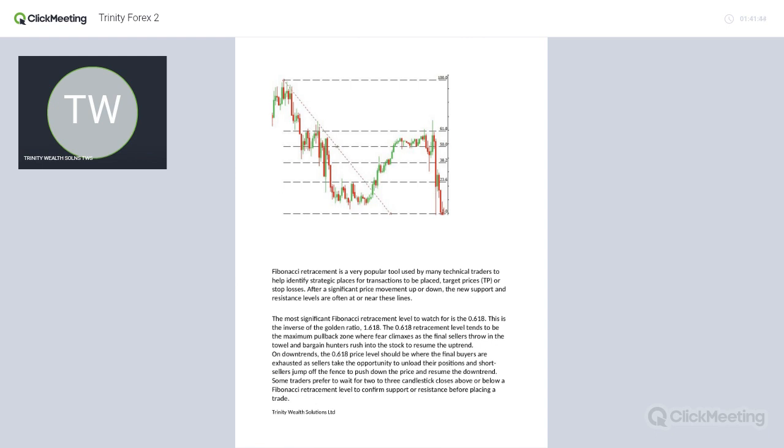On a downtrend, the 0.618 or 61.8% price level should be where the final buyers are exhausted as sellers take the opportunity to unload their positions and short sellers jump off the fence to push down the price and resume the downtrend. Some traders prefer to wait for 2 to 3 candlestick closes above or below a Fibonacci ratio level to confirm support or resistance before placing a trade.